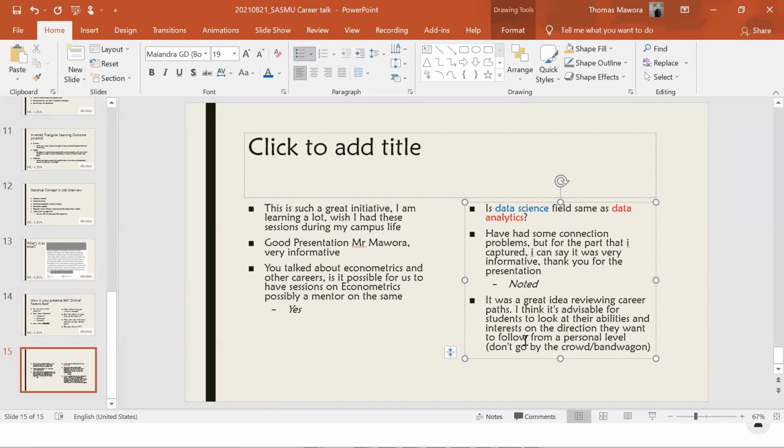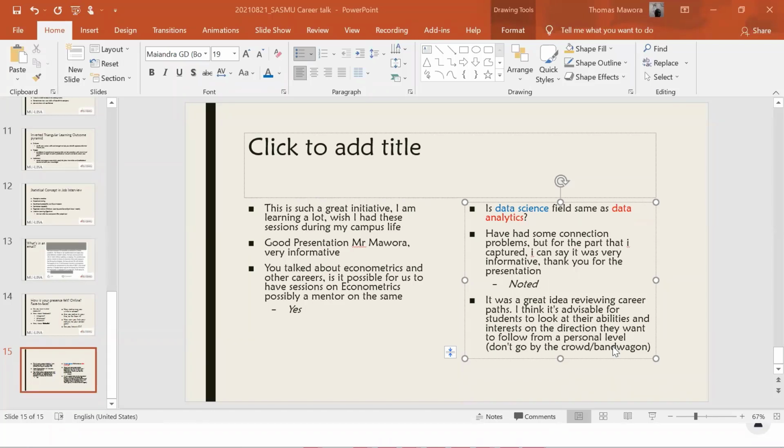Thank you so much. Maybe I can just add something on data science and data analytics. As you put it correctly, data analytics is a subset of data science. Data science is very, very broad. Data analytics is just a subset, where you draw insights from data.